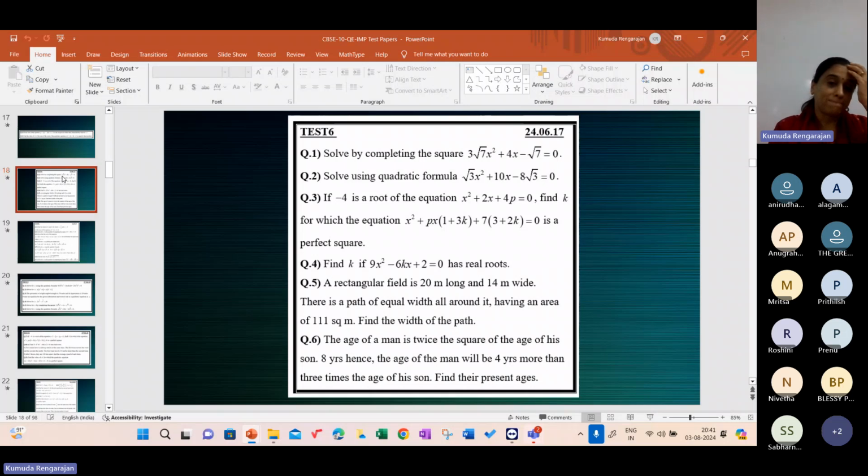Oh, sorry. Completing the square method. I made a mistake. Actually, I was asking myself, completing the square method. That is no longer a part of your syllabus.